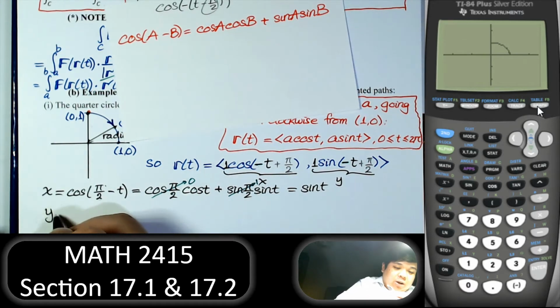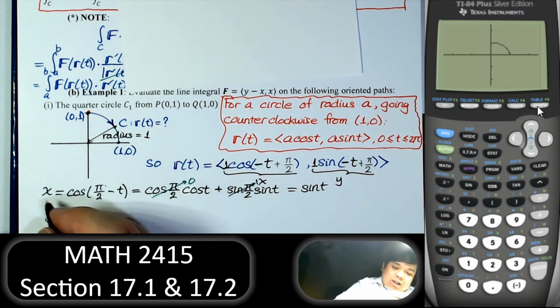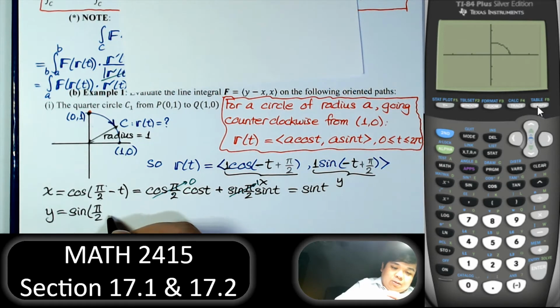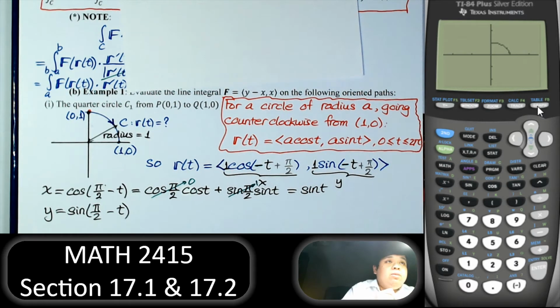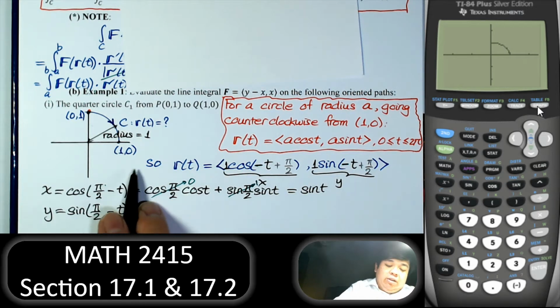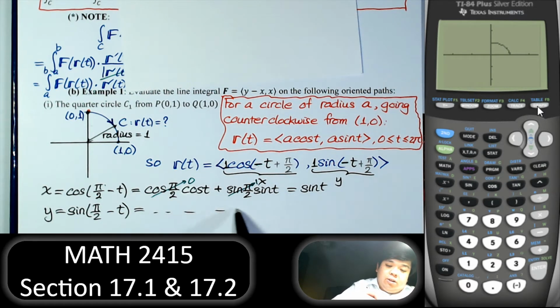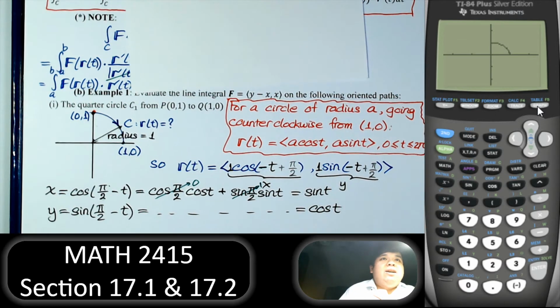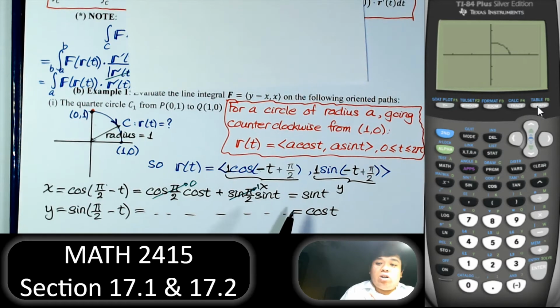And then y equals sine of pi over 2 minus t, and we don't even need to go that far. This is equal to cosine t. Why is that? I use this property called the cofunction theorem.